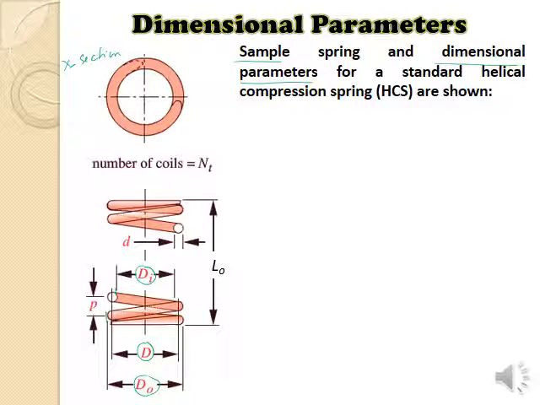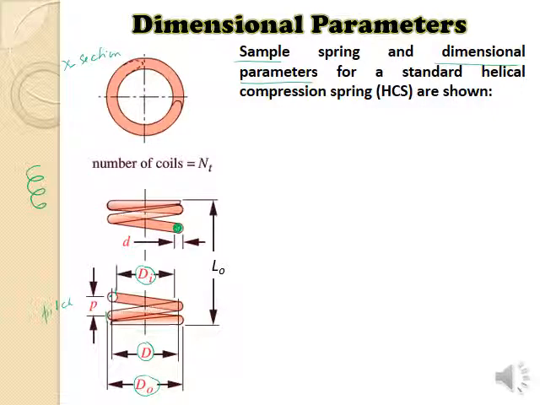The distance between two similar points on a spring is called pitch. So this is the pitch, and this is the wire which is used to make the spring. This is the spring wire diameter. Now when we wrap it like this, here it's one coil, second coil, third coil, right?